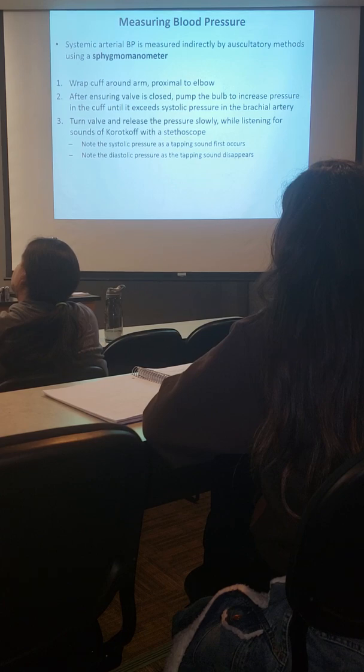So the beginning of the bouncing is the systolic pressure. It's going to bounce, bounce, bounce, bounce, bounce, and then it's going to stop bouncing. When it starts going to smooth flow again, that's the diastolic pressure. If you're in nursing school, they're going to tell you not to do that, but in real life, they do it. So it's just a little trick.